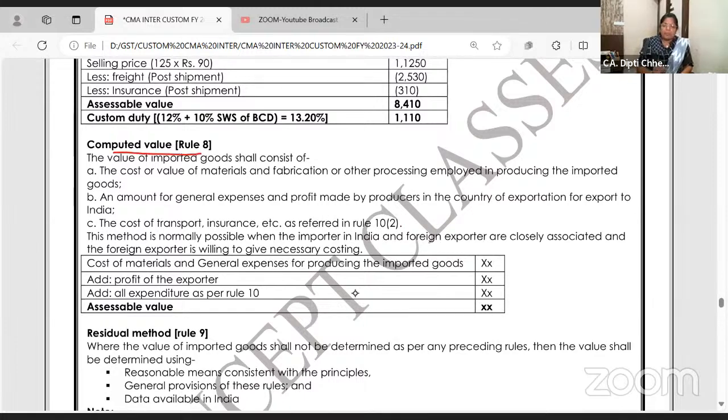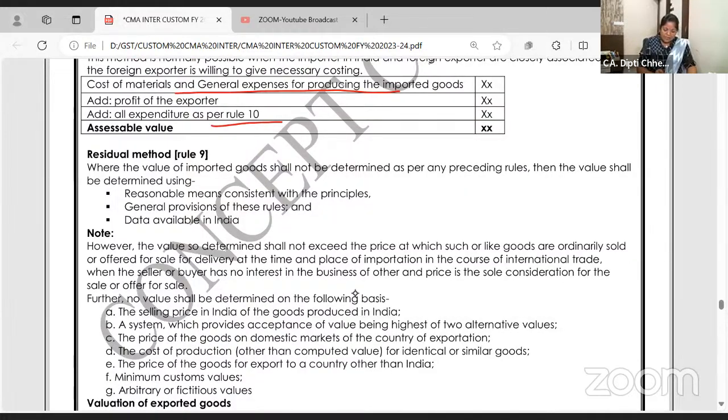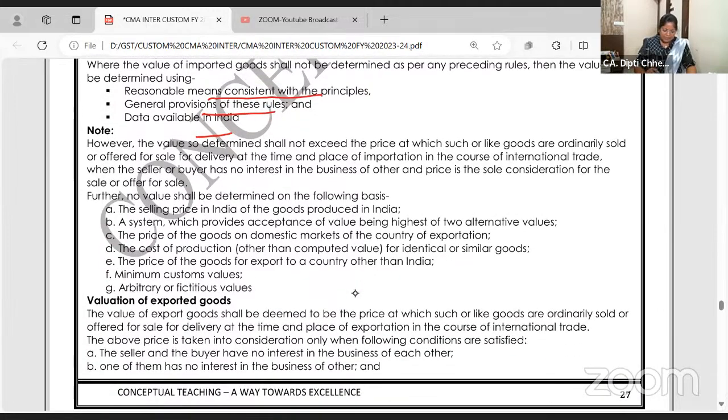How will you take the computed value? Cost of the goods and all, profit of the exporter, other expenditure as per rule 10, same royalty design. Nothing given, then what is the residual value? You have to take reasonable general principles and calculate the value.